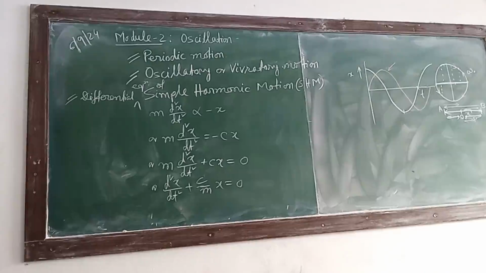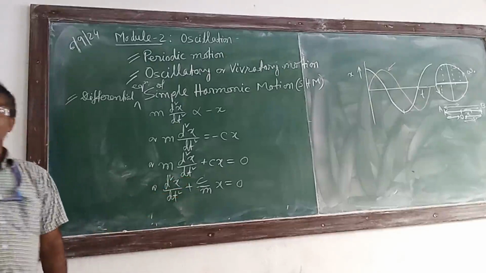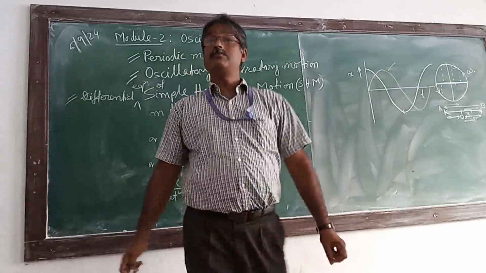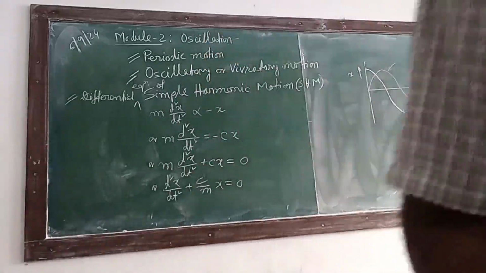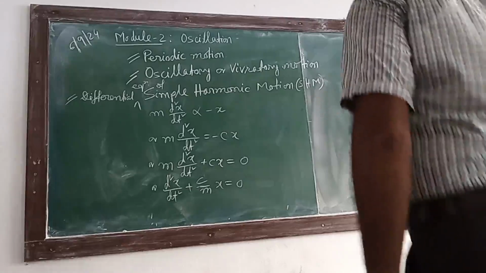Okay. Now we put c by m equals omega naught squared. Then d2x/dt2 plus c by m into x equals 0.